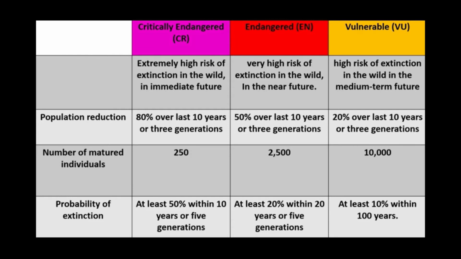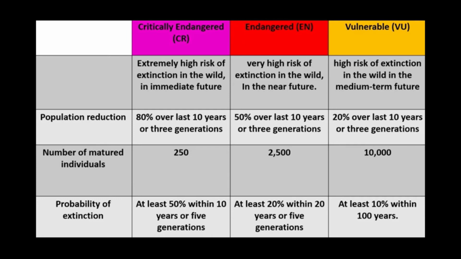Their population reduction is almost 80% compared to the last 10 years or 3 generations, whichever is earlier. The number of mature individuals is only 250, and the probability of extinction is at least 50% within 10 years or 5 generations.